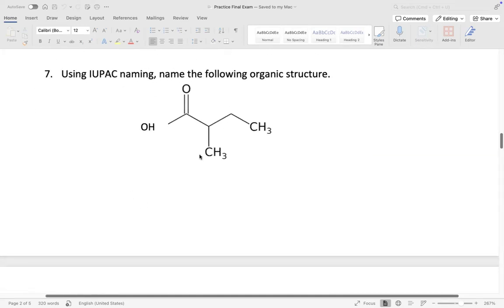So again, always the first step, identify our functional group. Here I see this one, which is a functional group that I recognize. Really this O and H should be in opposite order if I wanted to be technical, but I made a mistake. But it's still the functional group of a carboxylic acid.